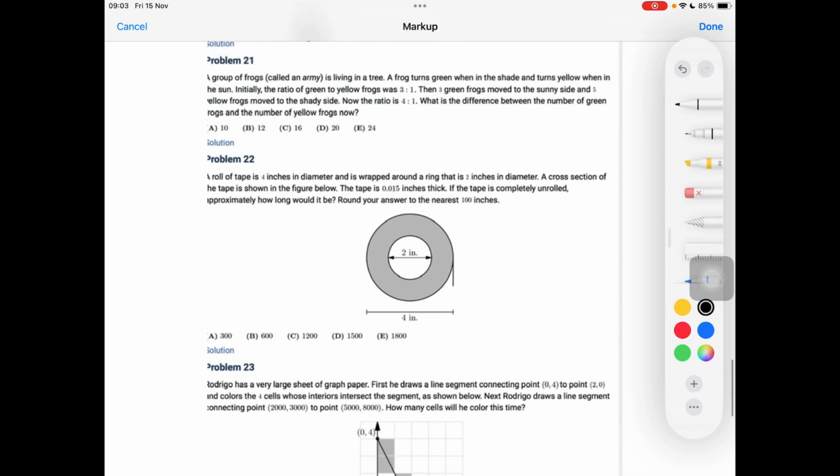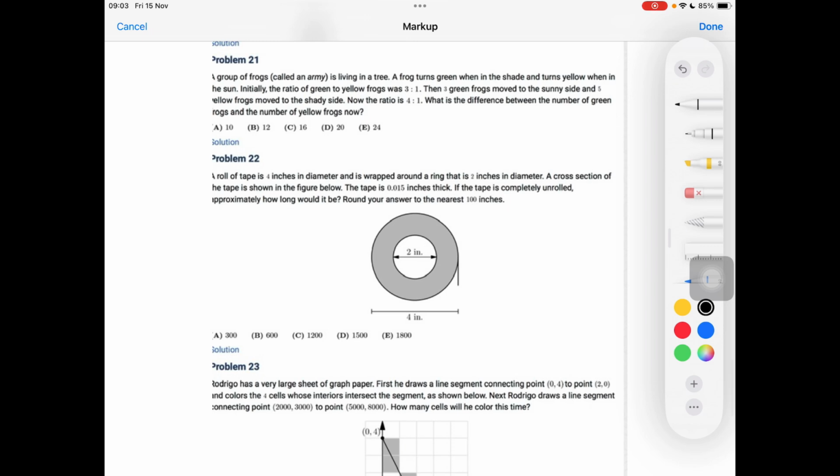Number 21, group of frogs living in a tree. Turns green in shade, and turns yellow in the sun. Okay, so the ratio of green to yellow frogs, let's say 3x and 1x initially. Then 3 green frogs move to the sunny side.